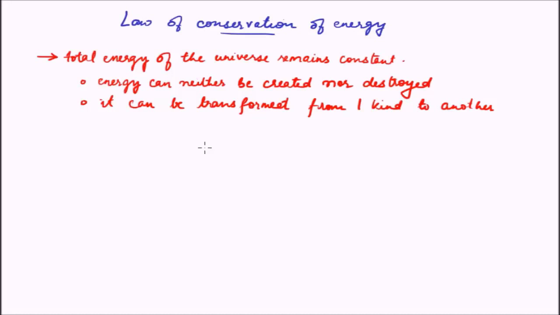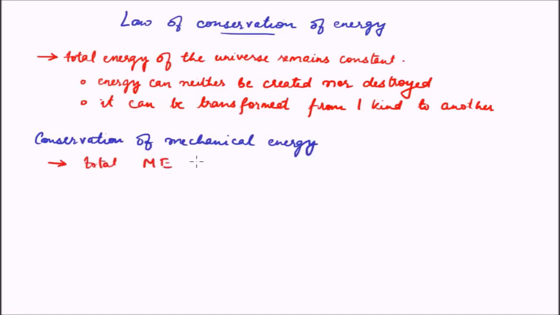The implication of the law of conservation of energy when we confine our study to mechanical energy is that if there is no frictional loss, then the total mechanical energy remains constant. So conservation of mechanical energy states that the total mechanical energy, that is kinetic energy plus potential energy of a body, remains constant.